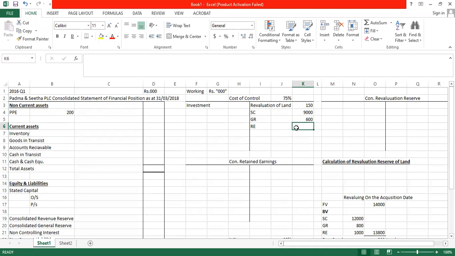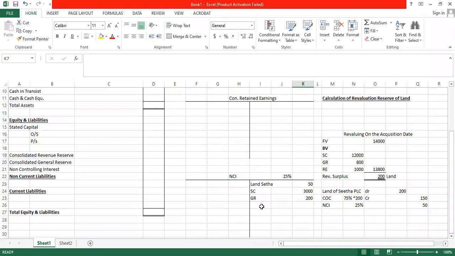So retained earnings on the acquisition date stood at 1 million. Now from that 1 million, take only 75%. Multiply by 75%. It's 750.